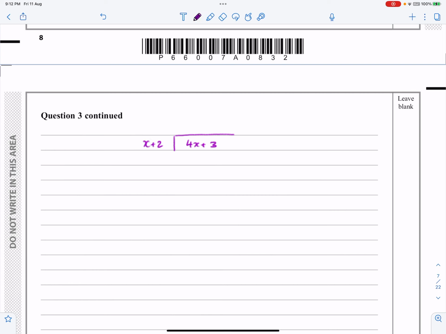x goes into 4x 4 times, and we now do 4 multiplied by all of that, which is going to give me 4x plus 8, and then we simply subtract 4x plus 8 from 4x plus 3. When we subtract it, the whole point is that that bit will cancel. 3 minus 8 will give me minus 5.